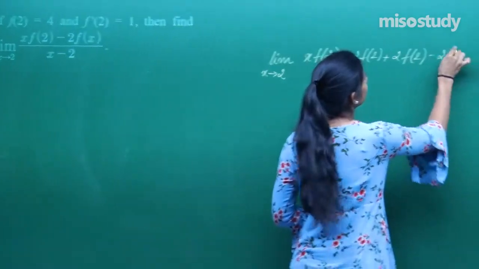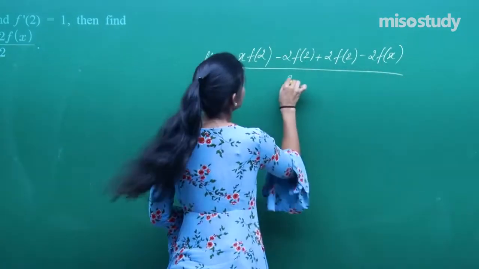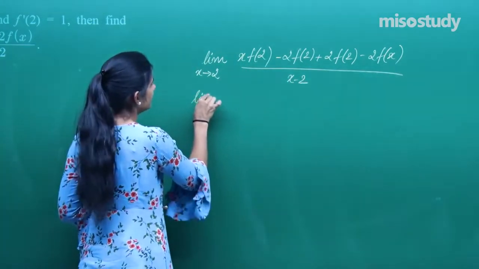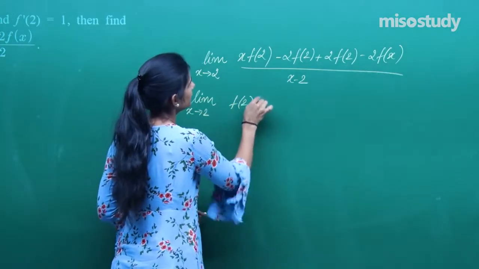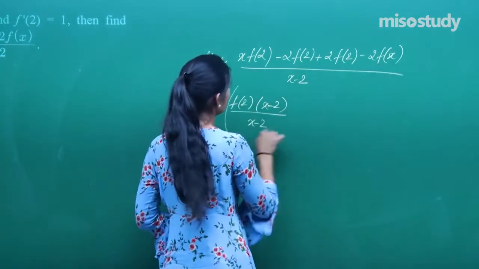Already you have this. Okay? Whole upon x minus 2. What is the result of doing this? Let's see. Limit x tends to 2. F of 2 comes out common. Here you have x minus 2 upon x minus 2.